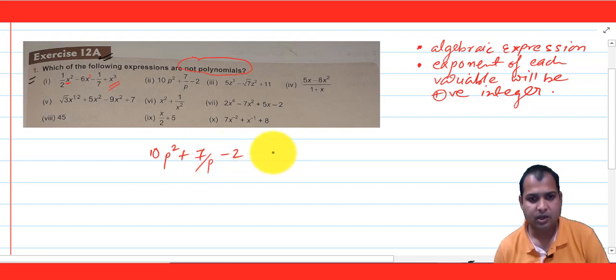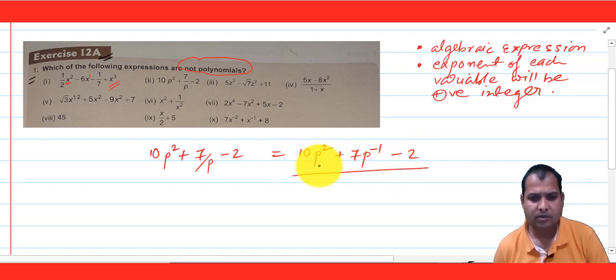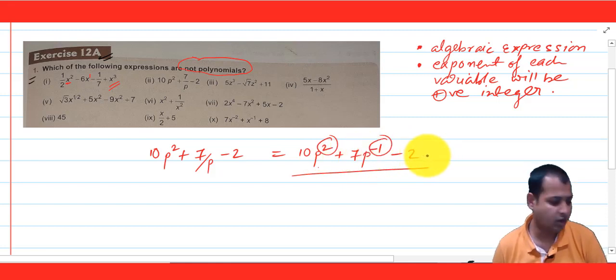Now this can be written as... yes or no. Now can you see, the power of this p is positive and the power of this p is minus 1. So this cannot be a polynomial. Done.